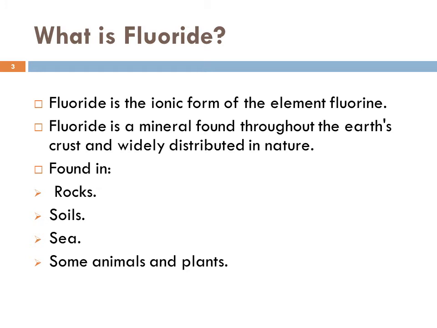Some animals and plants also contain fluoride ion. For example, in animals, it is found in the skin of certain types of fish, and it can also be found in certain leaves, for example, tea leaves in plants.